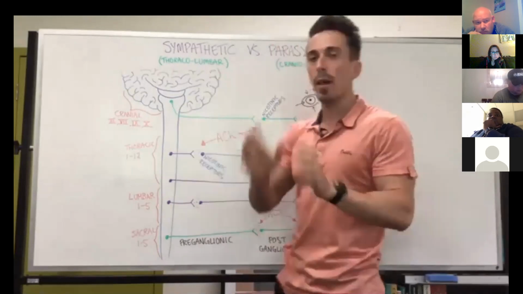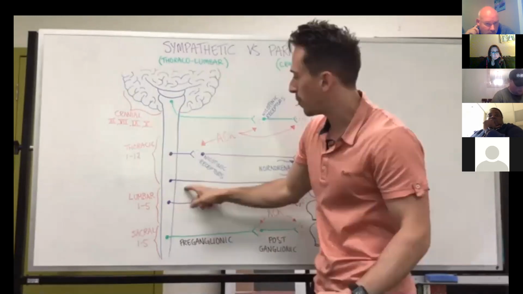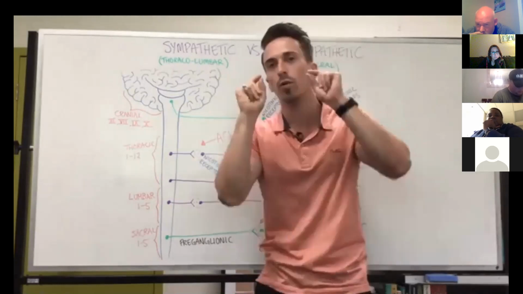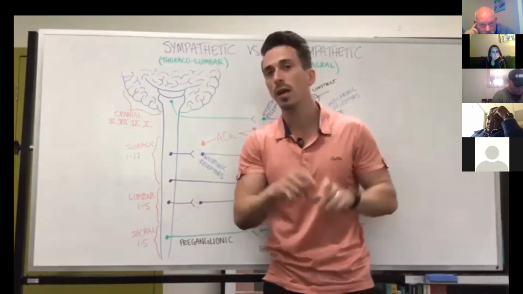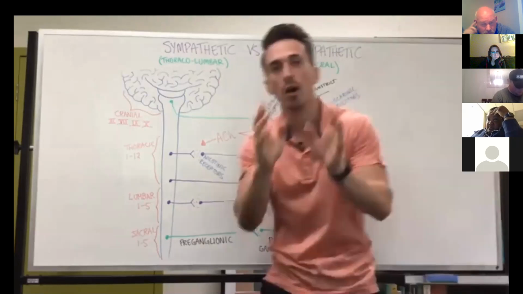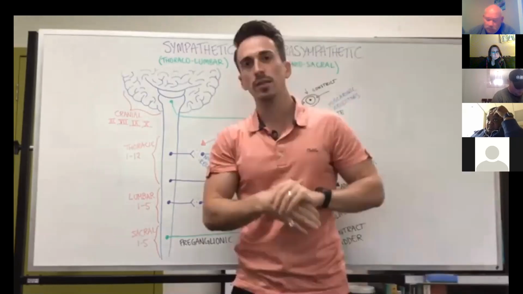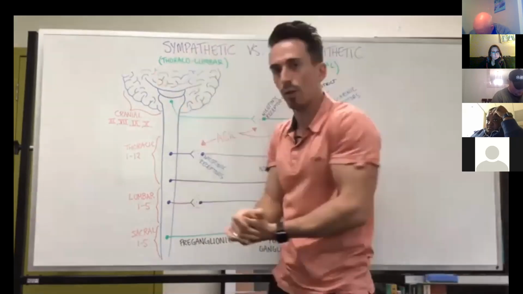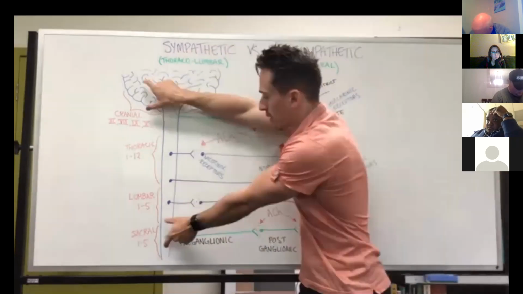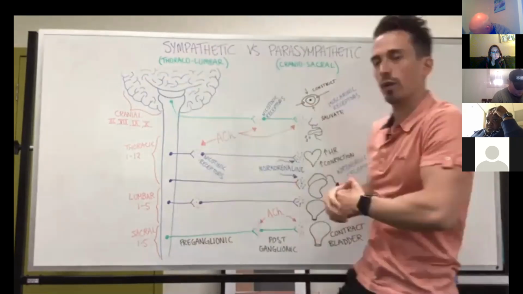You can see these purple fibers here are those fibers exiting for the sympathetic nervous system. The parasympathetic nervous system is also termed the craniosacral because its fibers leave at either the cranial or sacral region. All right, so that's the first thing.